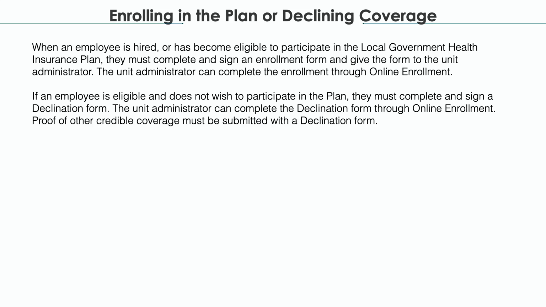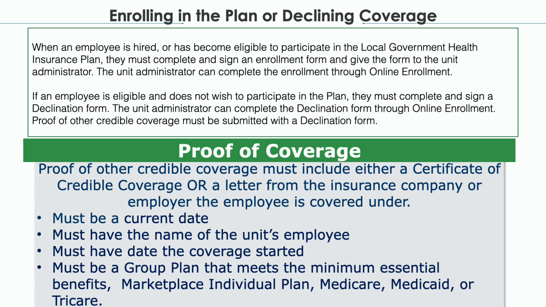If an employee is eligible and does not wish to participate in the plan, they must complete and sign a declination form. With that declination form, they must submit proof of other credible coverage, and that proof must include the current date, the employee's name, the date the coverage started, and it must also show what kind of coverage it is.